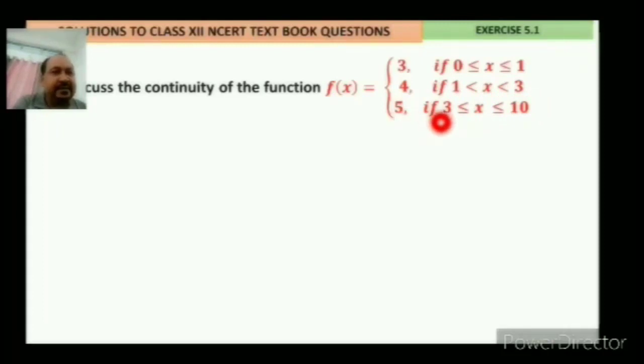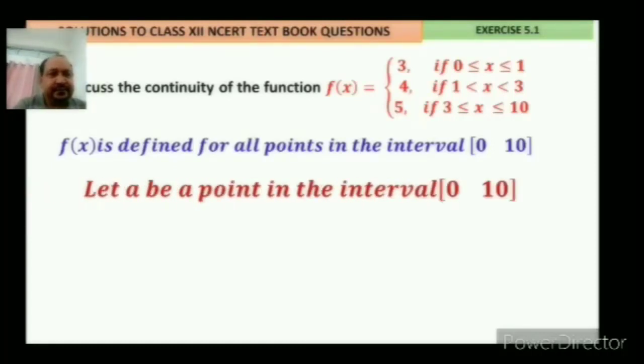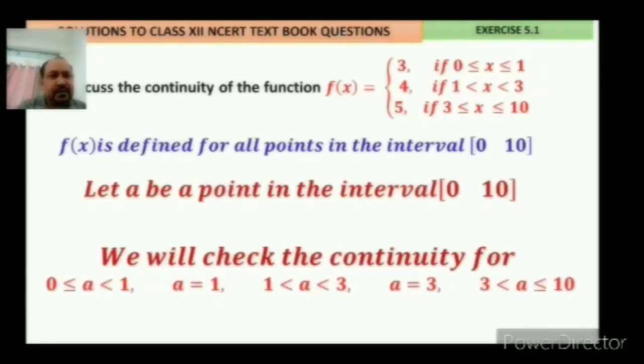It is 5 if x is greater than or equal to 3 but less than or equal to 10. f of x is defined for all the points in the interval 0 to 10. Let a be any point in the interval 0 to 10. We will check the continuity for these conditions.